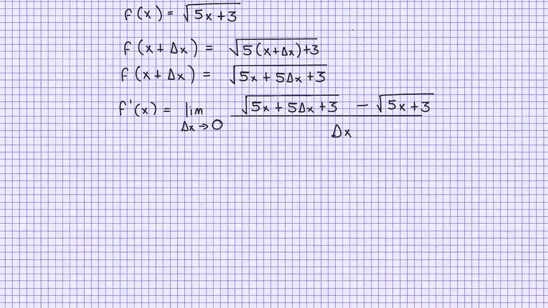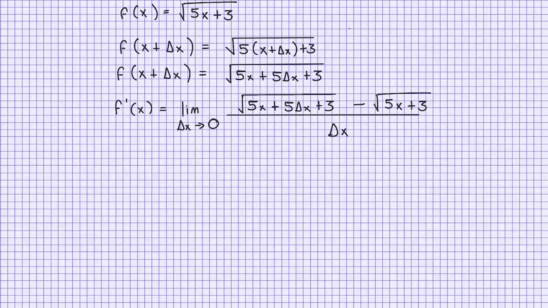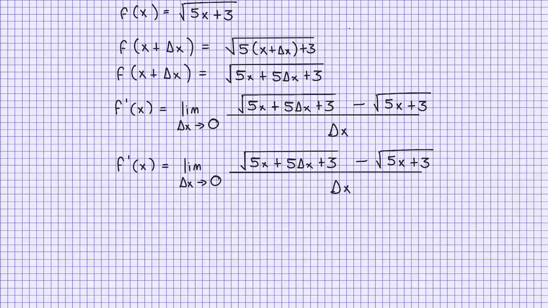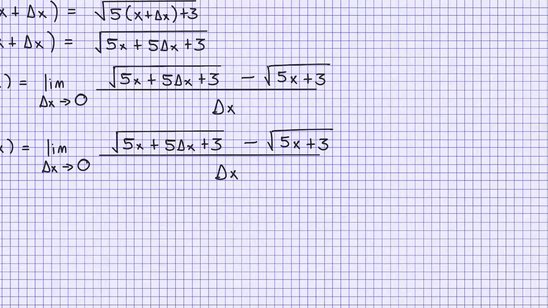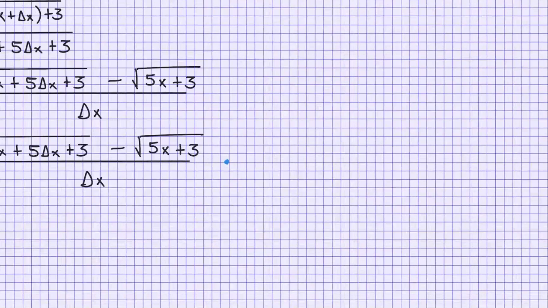Let me go on to the next step. There we go. So we are going to multiply times exactly the same numbers. We're going to use the difference of squares: 5x plus 5 delta x plus 3.